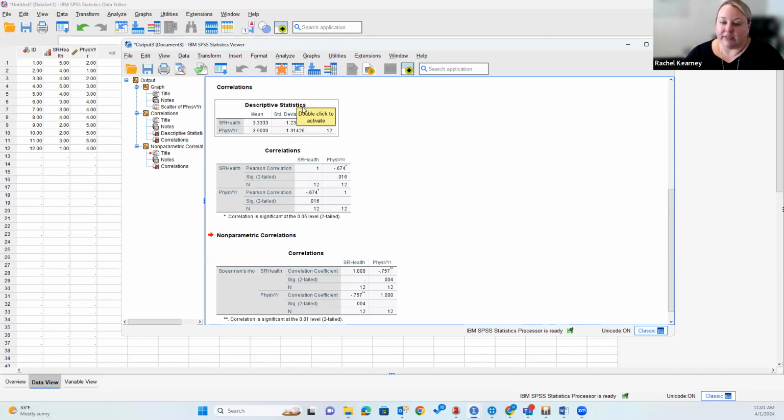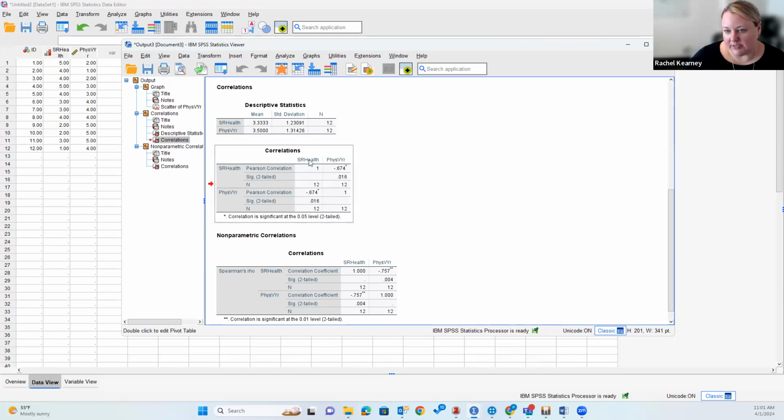Now, looking at correlation, this first box here is your Pearson correlation. When you read this box, self-rated health as it correlates with self-rated health is always going to be a 1 because you're correlating with itself, so it has the same values.